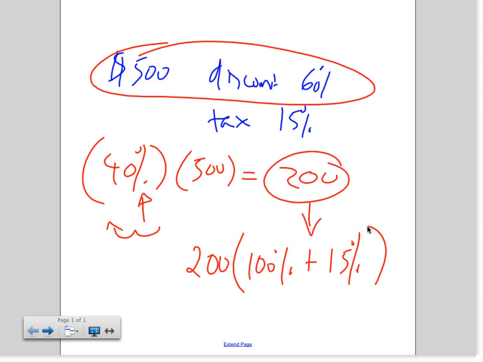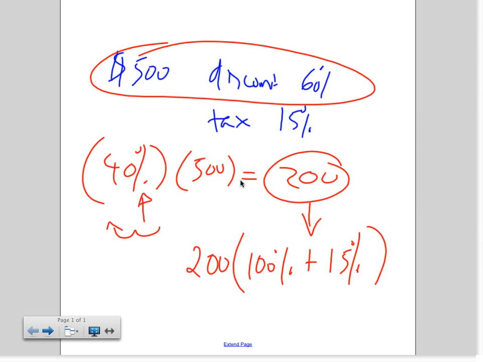You are paying the full discounted price, which is now 100%, plus a 15% tax. Can you just do 200 times 1.15? Yes, you can do that. If you want to take care of the decimal already, you don't have to move it at the end.